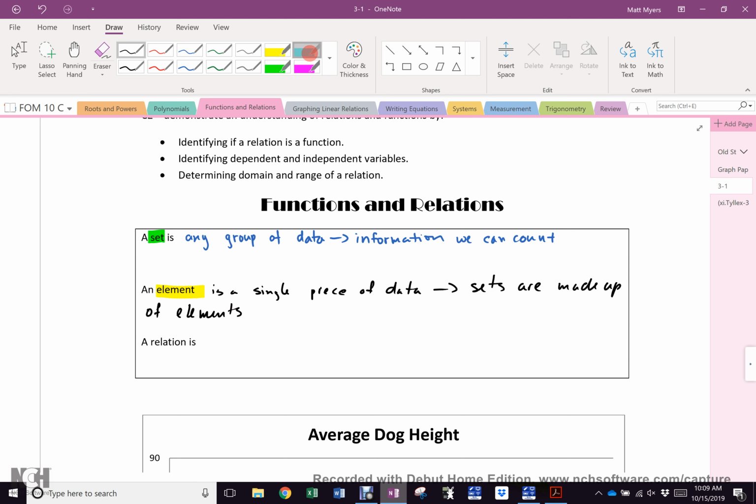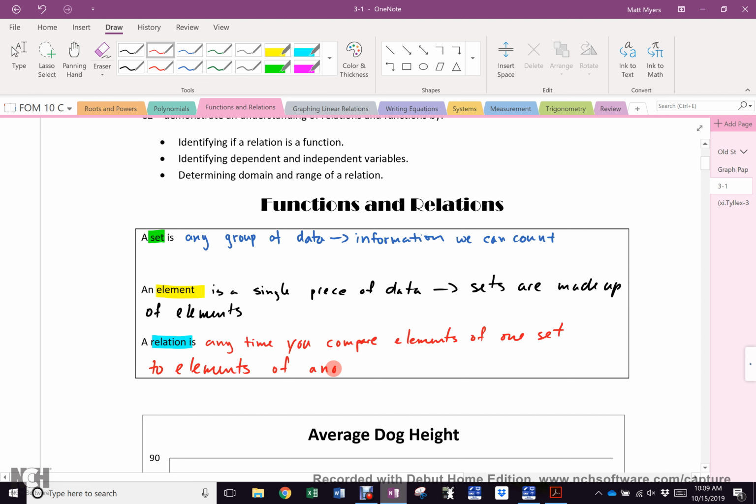All right. And finally, a relation is anytime you compare elements of one set to elements of another set.